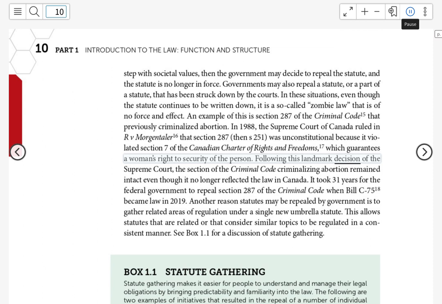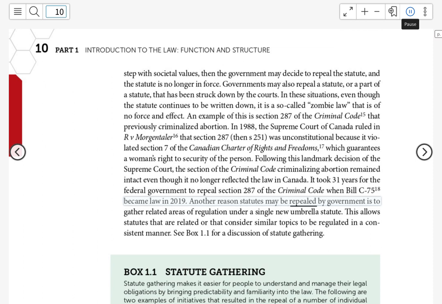Following this landmark decision of the Supreme Court, the section of the Criminal Code criminalizing abortion remained intact even though it no longer reflected the law in Canada. It took 31 years for the federal government to repeal Section 287 of the Criminal Code when Bill C-75 became law in 2019.